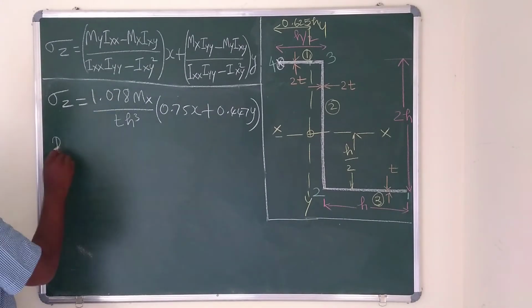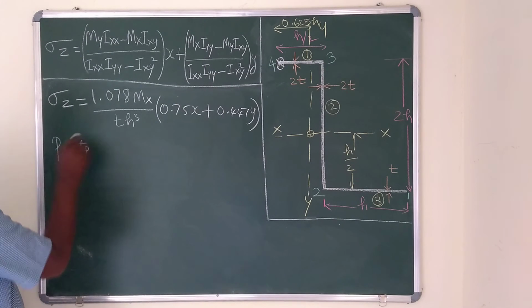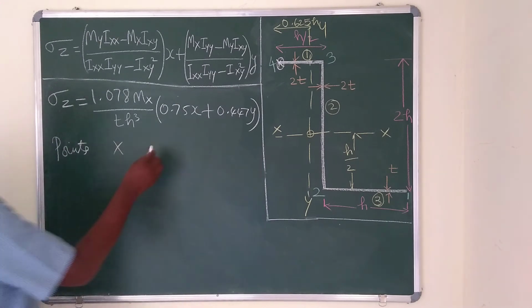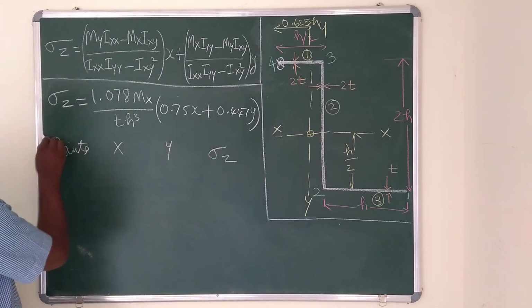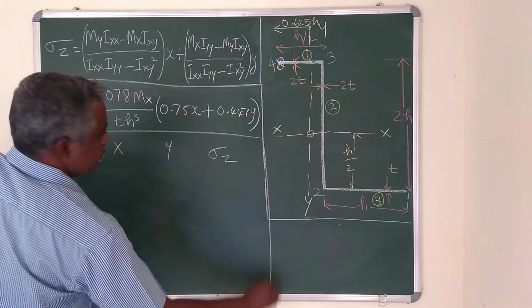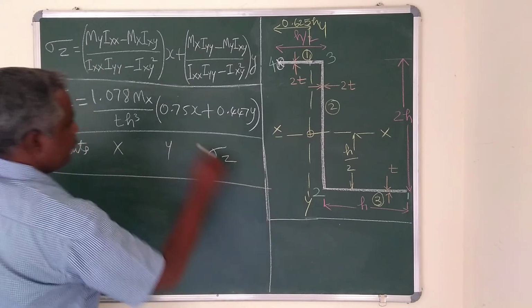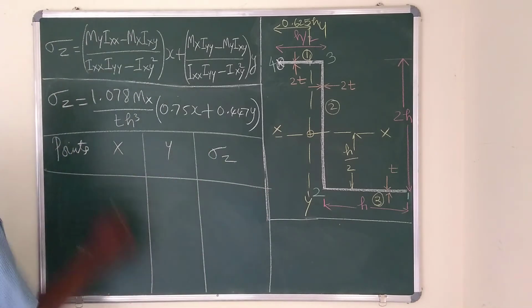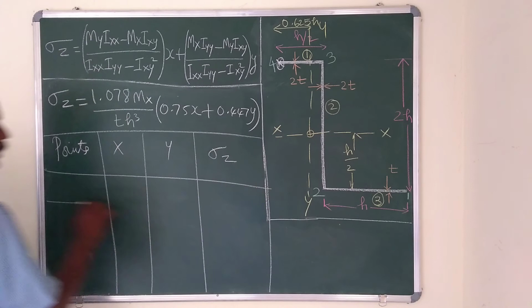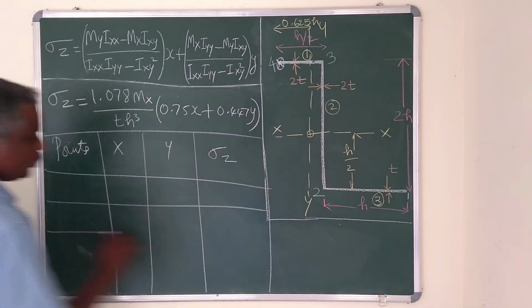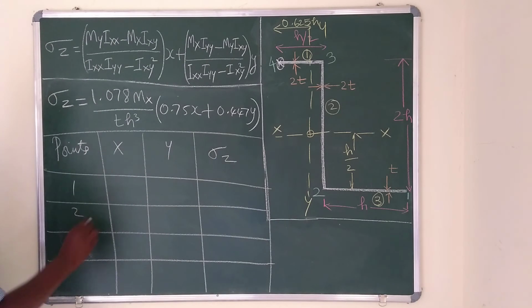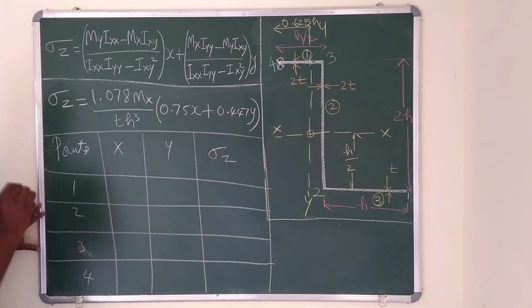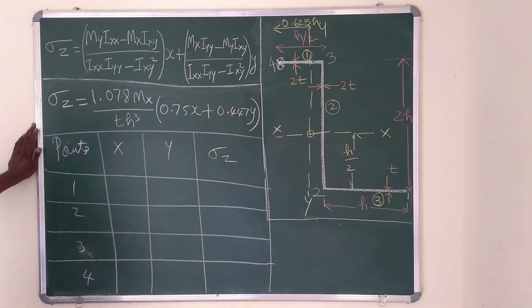So we need the x coordinate, y coordinate, and sigma z. We have 4 points, 1, 2, 3, 4. How much is the x distance for point 1 from the centroid?